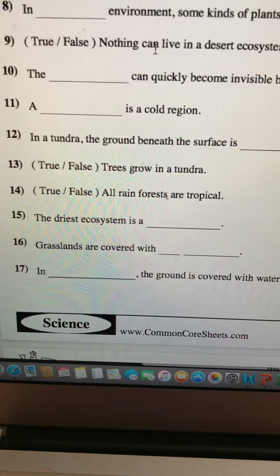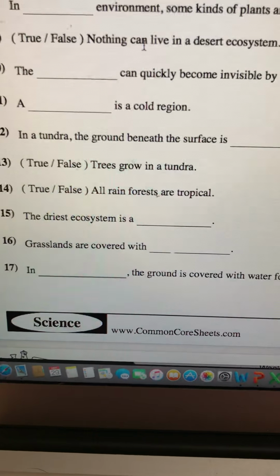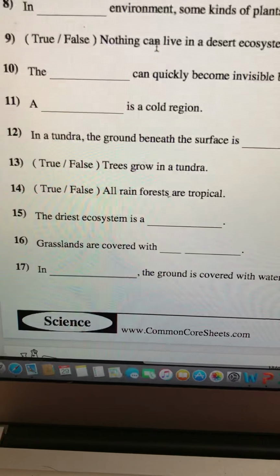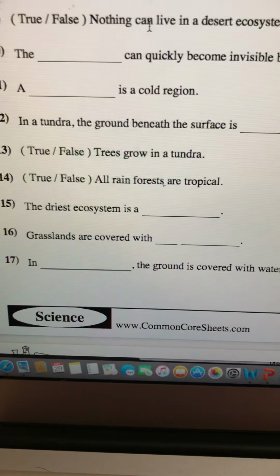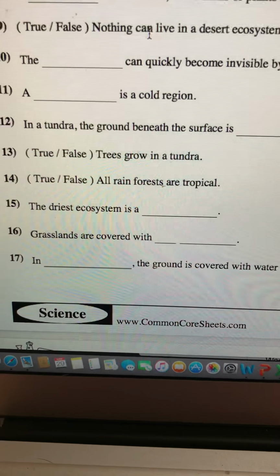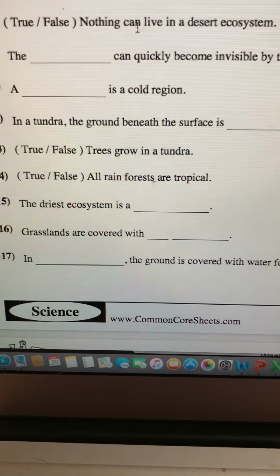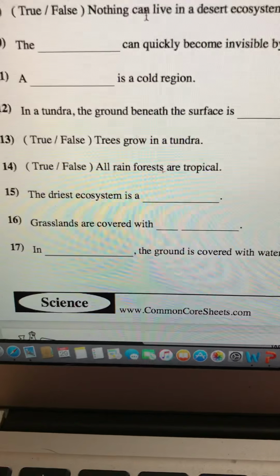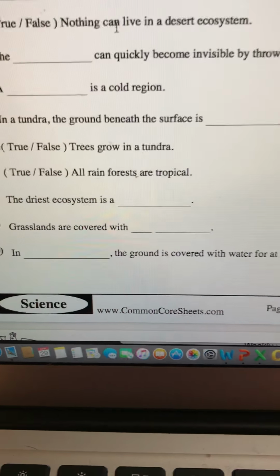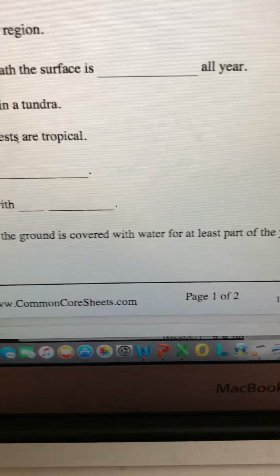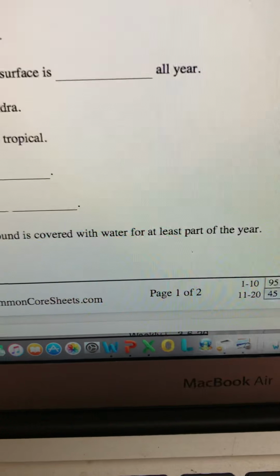14, true or false? All rainforests are tropical. 15, the driest ecosystem is a blank. 16, grasslands are covered with blank. 17, in blank, the ground is covered with water for at least part of the year.